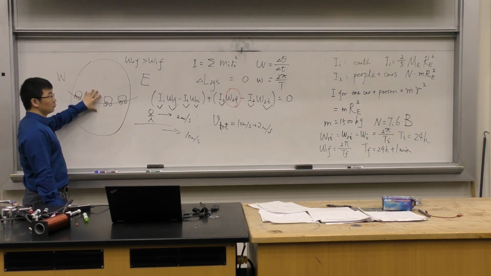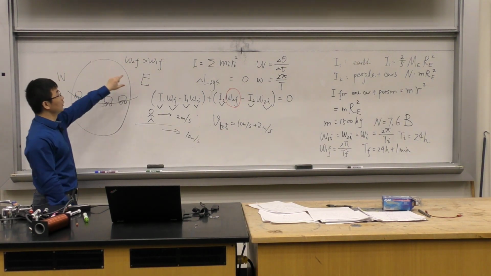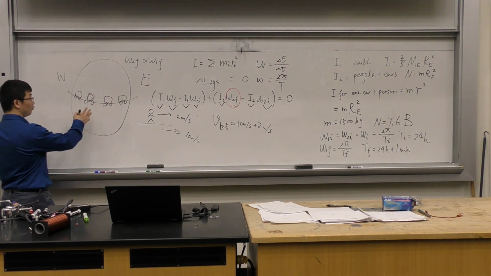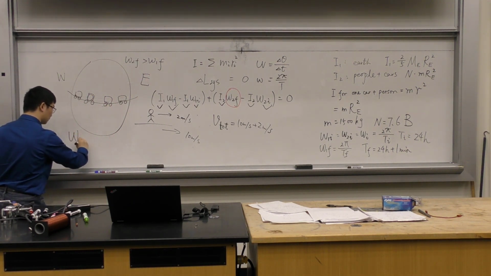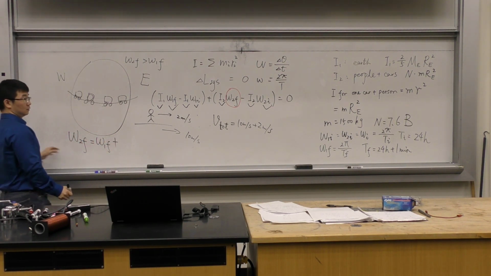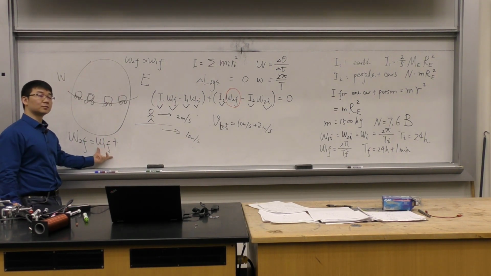If these cars are not moving, they already have the angular velocity of the Earth, which is omega 1. Yeah. But then when these cars are also moving to the east, they will get this, right? Plus their speed, right? So it's pretty much the Earth already has 10 meters per second.